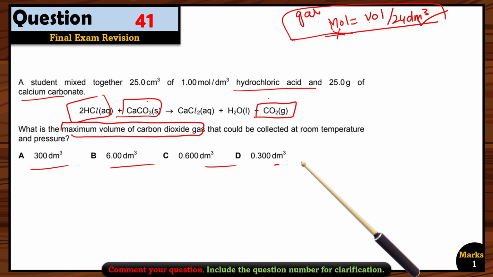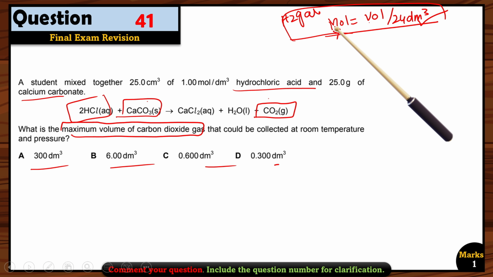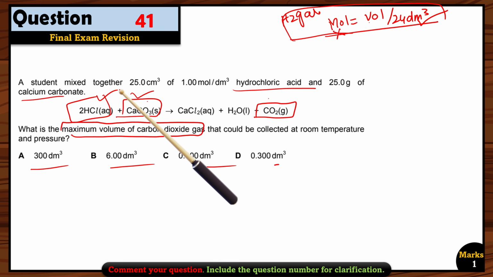So now, one by one, first we have to find the moles of the reactants, and then find which one is the limiting reactant. That limiting reactant's moles will be equal to the carbon dioxide moles, right? So now let's find one by one the moles of HCl and CaCO3.